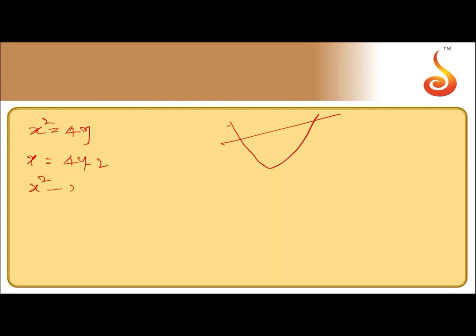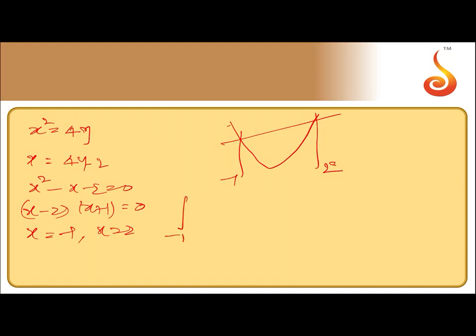x square minus x minus 2 equals 0. So x minus 2 multiplied by x plus 1 equals 0, and therefore x equals minus 1, x equals plus 2. So x equals minus 1 to 2. Area is given by minus 1 to 2, area under the straight line minus area under the curve.